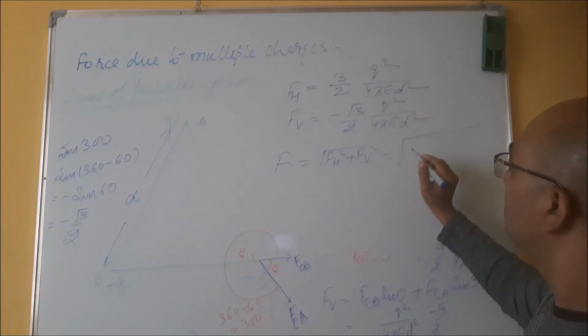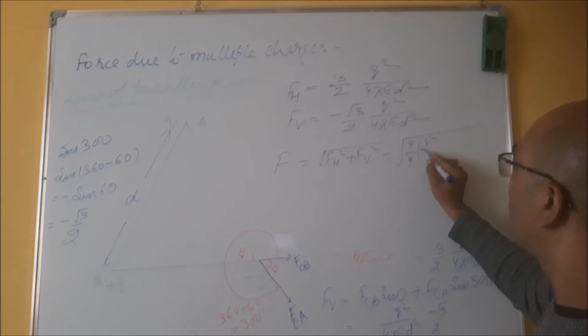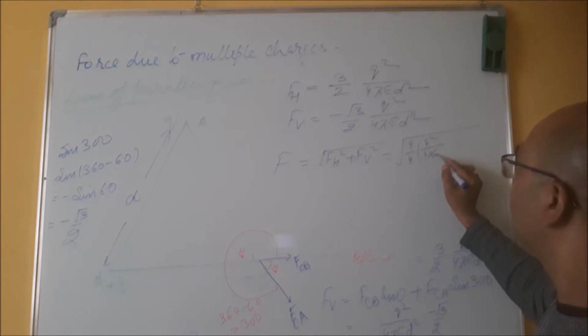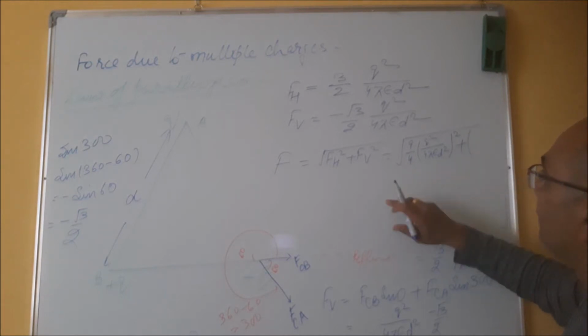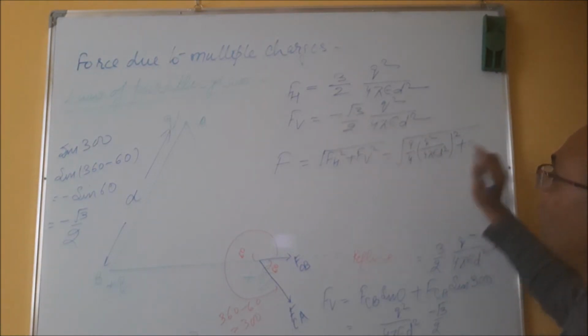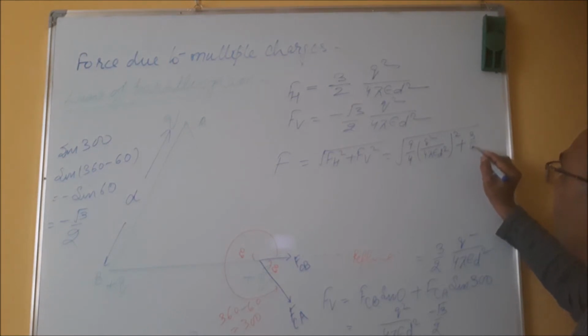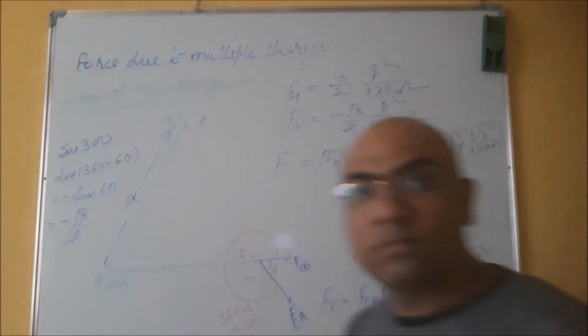You will get 9 upon 4 into (q square upon 4 pi epsilon d square) whole square plus, minus root 3 by 2 will give you 3 by 4, again in bracket q square upon 4 pi epsilon d square whole square, right?